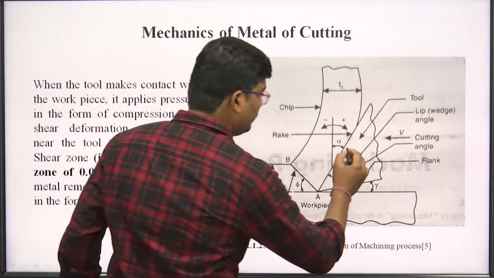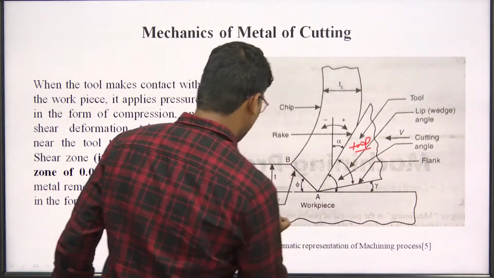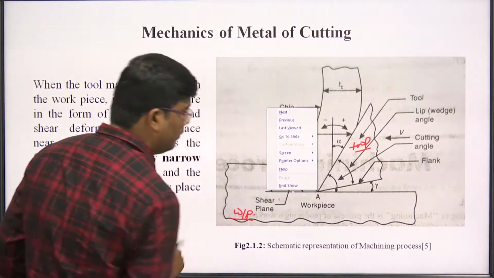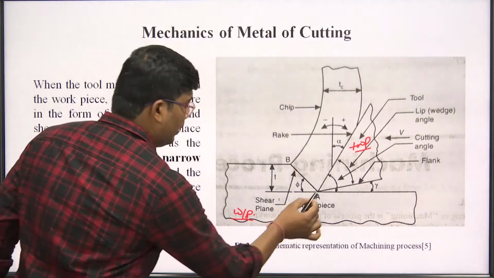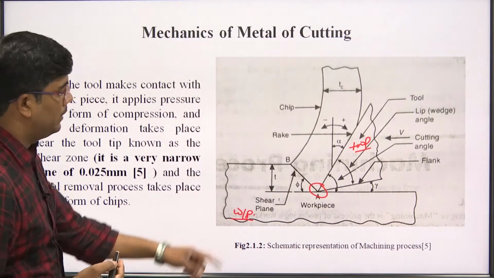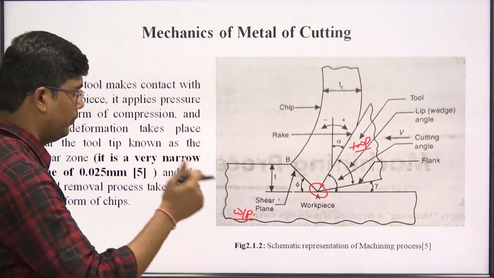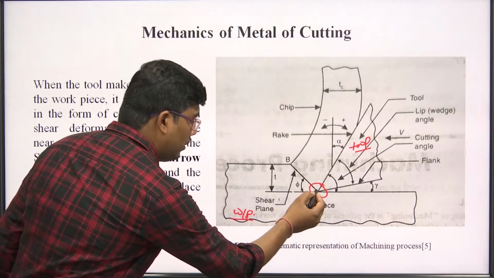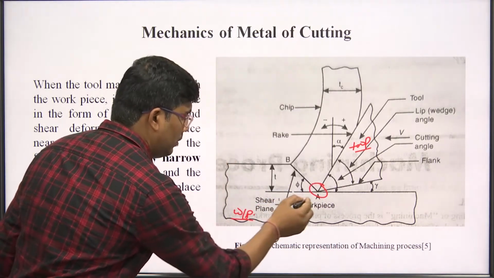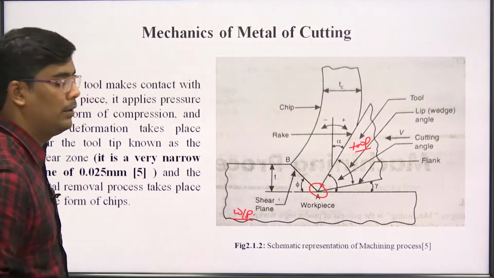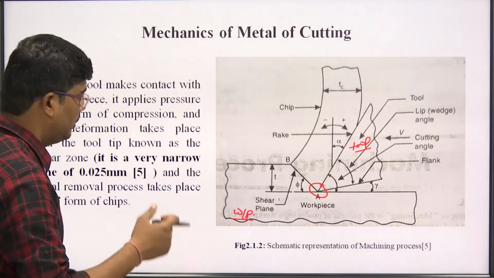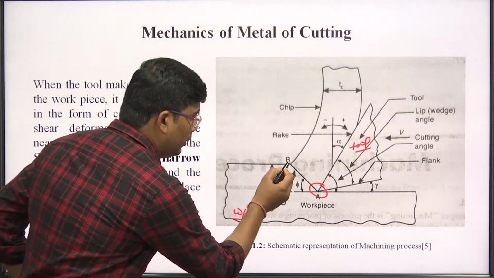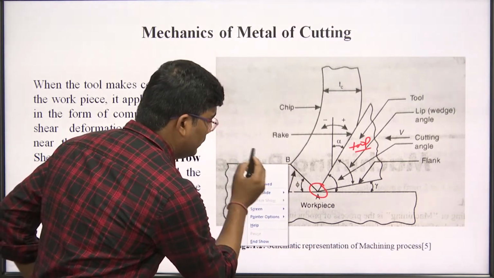This is a tool and this is our workpiece. This is the tip of the tool. Here we apply the pressure in the form of force, that is known as the cutting force. When the cutting force is applied here, a compression will be created and a shear zone will be formed, because shear forces are developed along this surface.